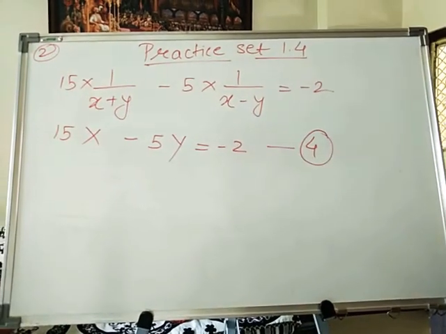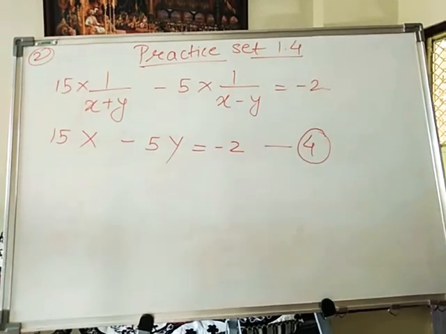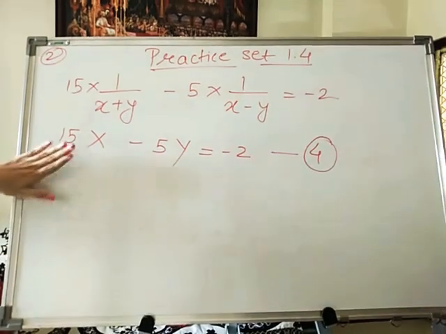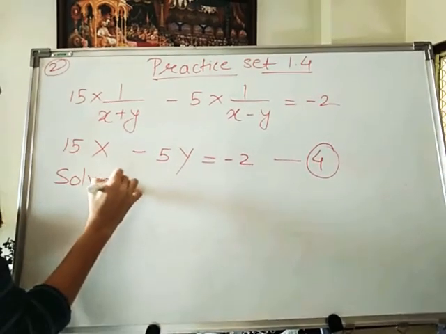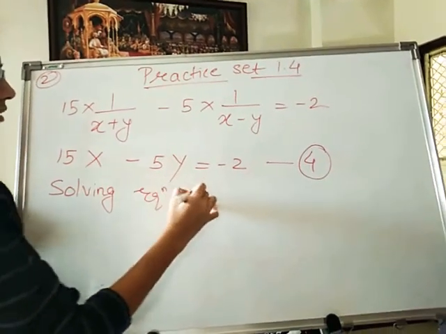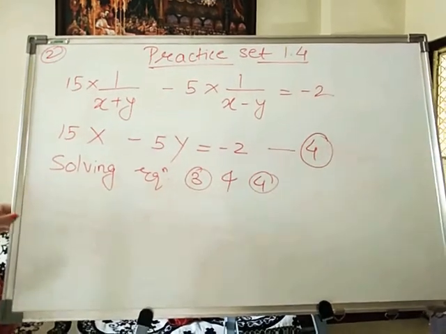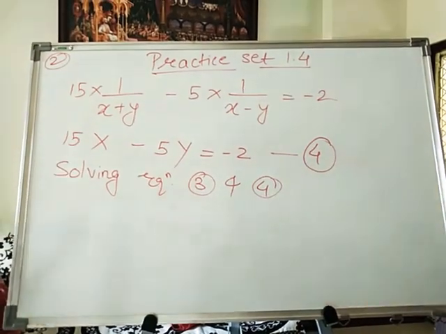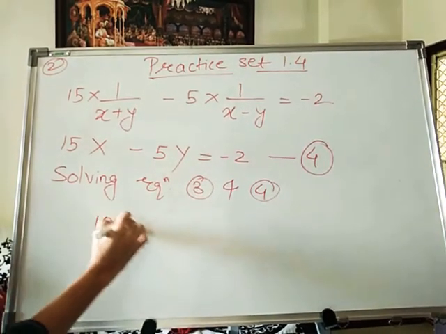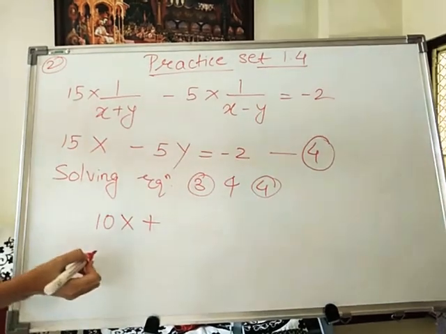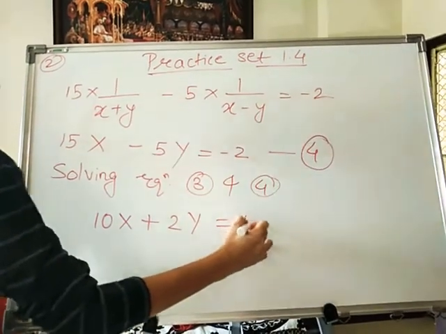Now what will you solve? Equation numbers 3 and 4, as 1 and 2 are converted into 3 and 4 respectively. Now solving equations 3 and 4 simultaneously by using the elimination method. What was your third equation? 10X plus 2Y is equal to 4.